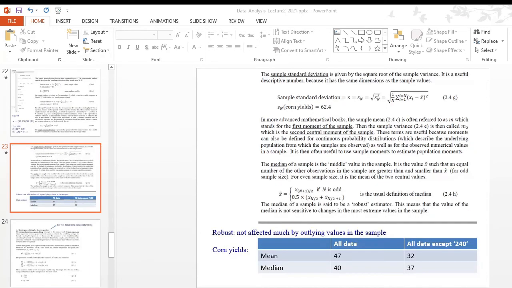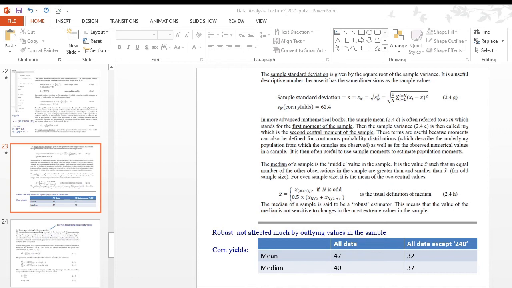Good. What else should you absolutely know before you do a graduate data analysis course? You should know what the median of some list of numbers is. The median is defined as equation 2.4h, usually written for a sample of numbers as small x with a tilde over the top.